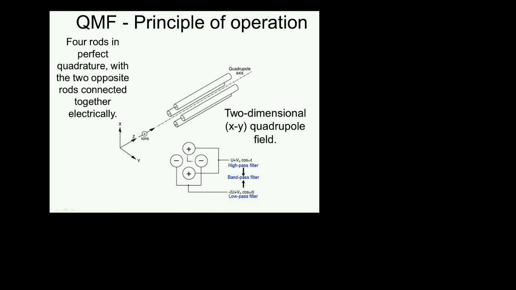Okay, so the principle of operation of the quadrupole is always the same. There are always 4 rods in perfect quadrature. These two are positive. The opposite ones, 180 degrees off, are negative, and the ions go in, and both RF and DC signal applies to the rods.